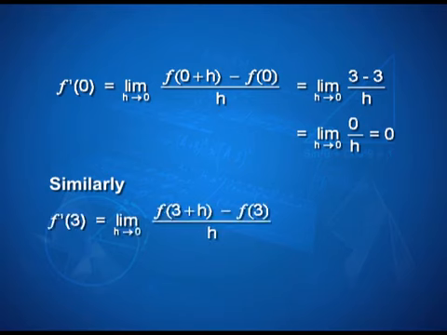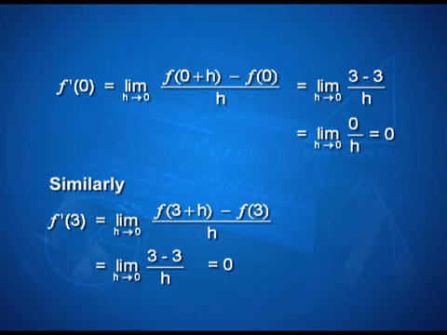Similarly, f dash 3 is equal to limit f of 3 plus h minus f of 3 upon h as h tends to 0, can be simplified as limit 3 minus 3 upon h as h tends to 0, is equal to 0.